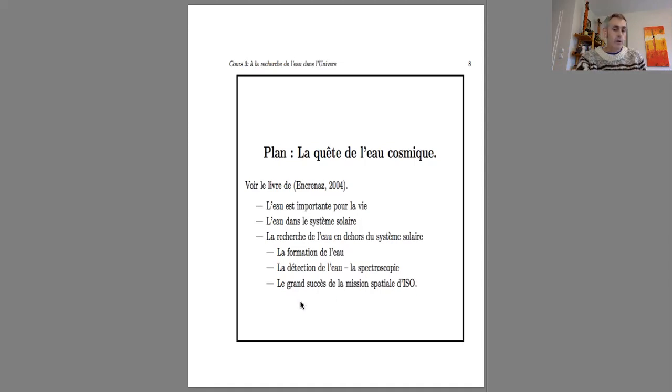And then we'll finally get to some of the results from this satellite mission by the European Space Agency called ISO, looking for water beyond the solar system.